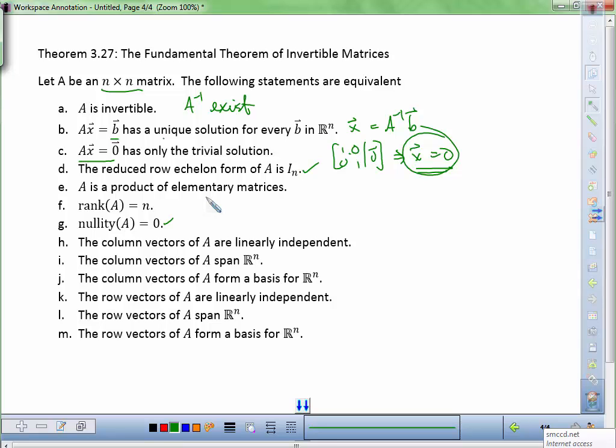It's just going to be the 0 vector. And all the rest follows from all the stuff that we were just talking about. The column vectors are linearly independent. They span all of Rn because you've completely reduced it and you got 1s, 0s, 1s, and so they span all of Rn. And all the vectors in the row and column are all linearly independent.